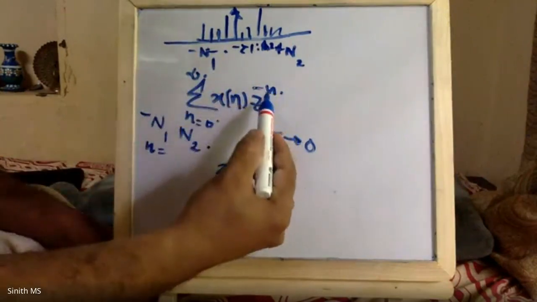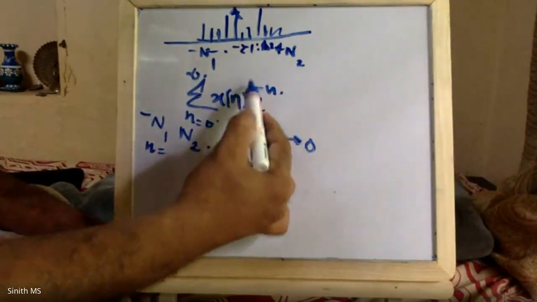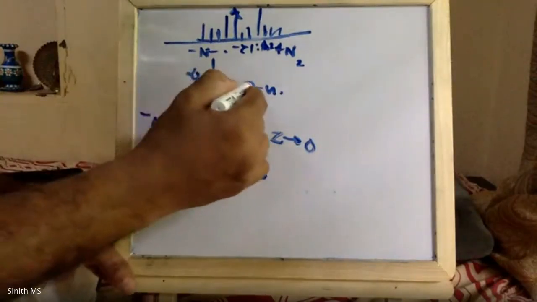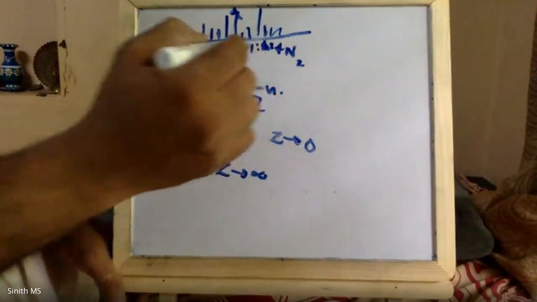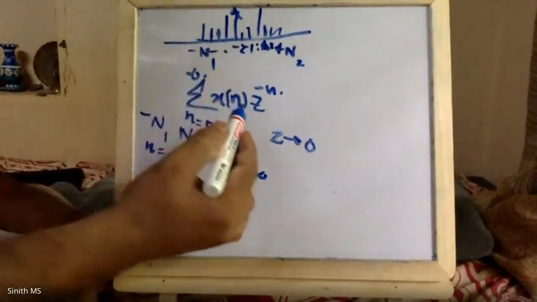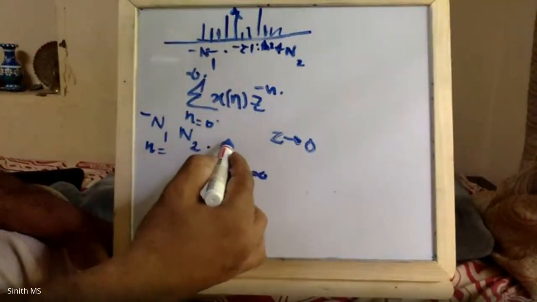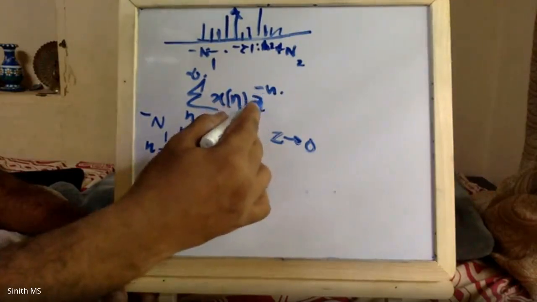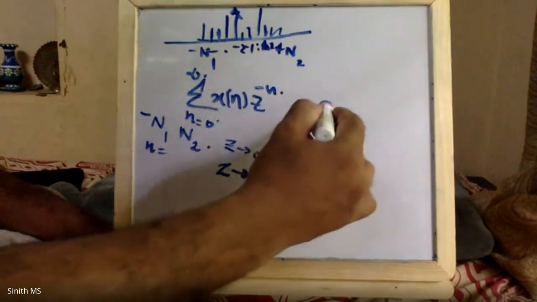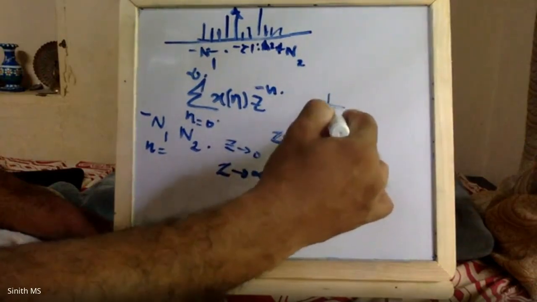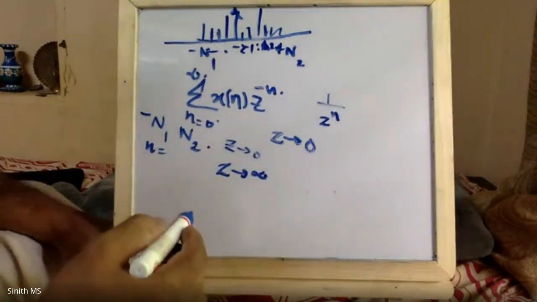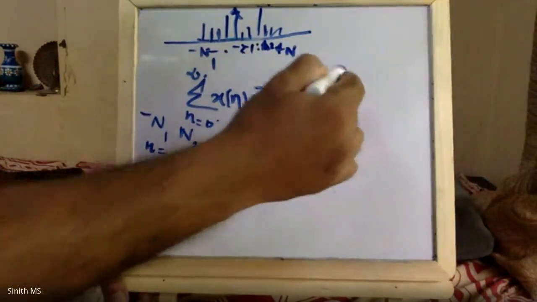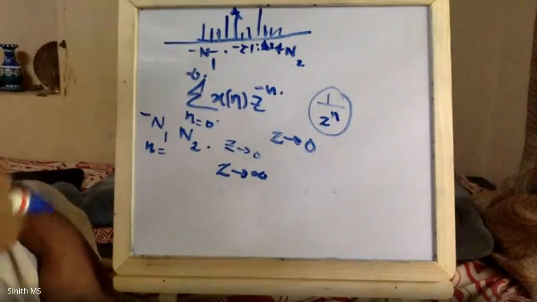If n takes a negative value, minus n will be positive. Normally this is 1 by z raised to n, so for such values of n this will tend to infinity and hence will not converge.